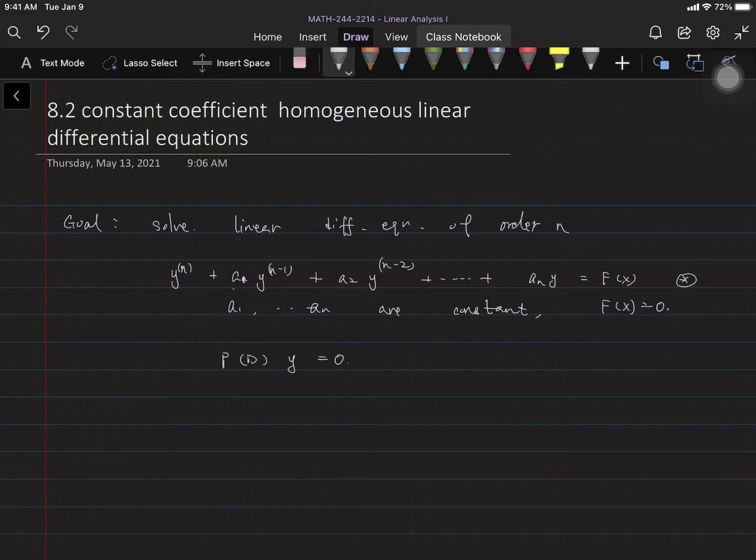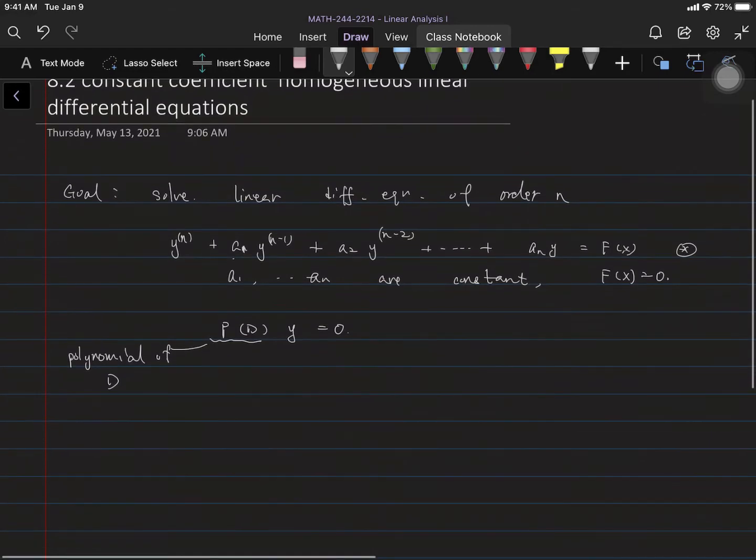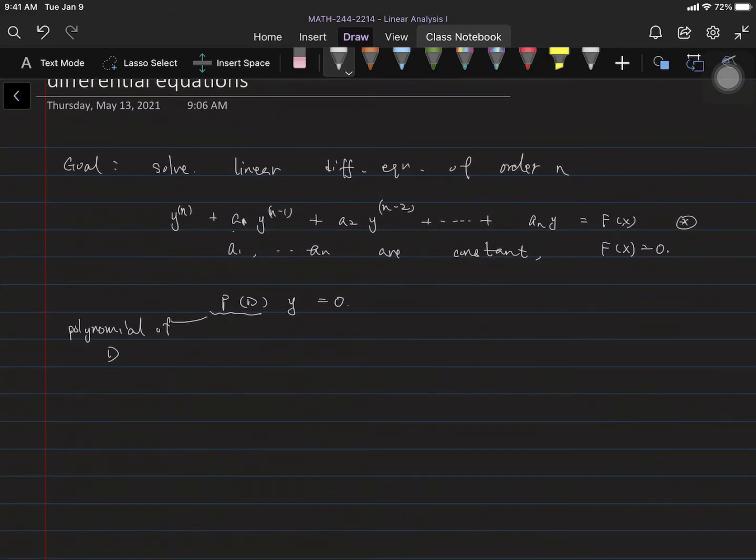P(D) means a polynomial, a polynomial of D. And what's D? D means the derivative operator, like D squared is the second derivative of a function, right?